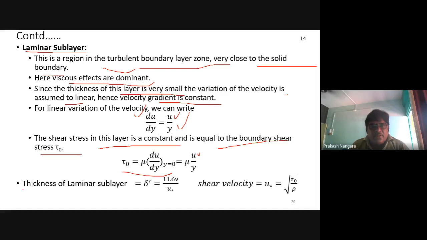Therefore, the thickness of the laminar sublayer, which is represented as delta dash, is equal to 11.6 mu by u star. Please remember this equation. Delta dash is equal to 11.6 mu by u star, where u star represents the shear velocity, which is equal to the square root of tau 0 by rho.